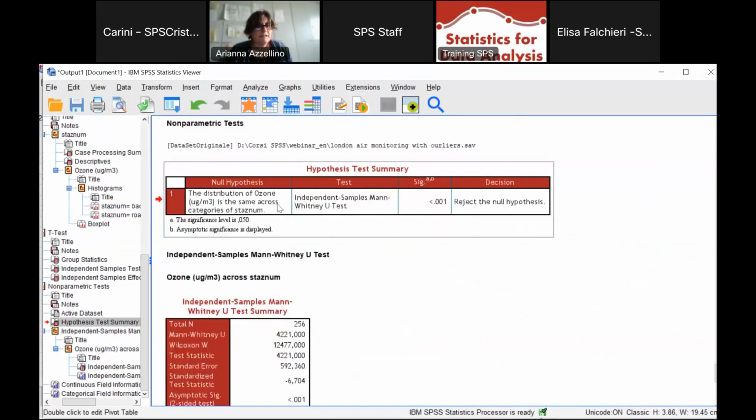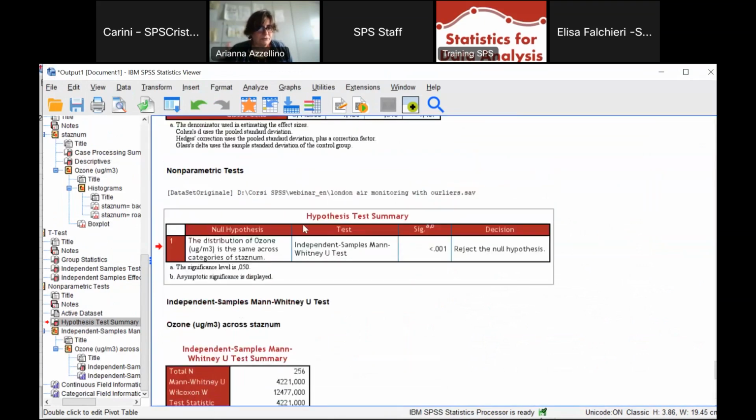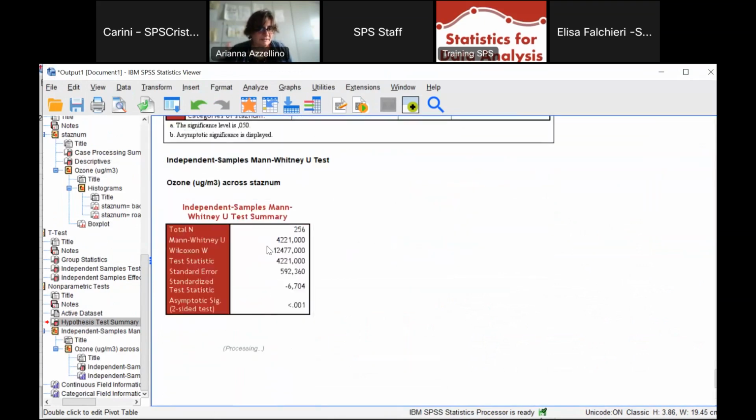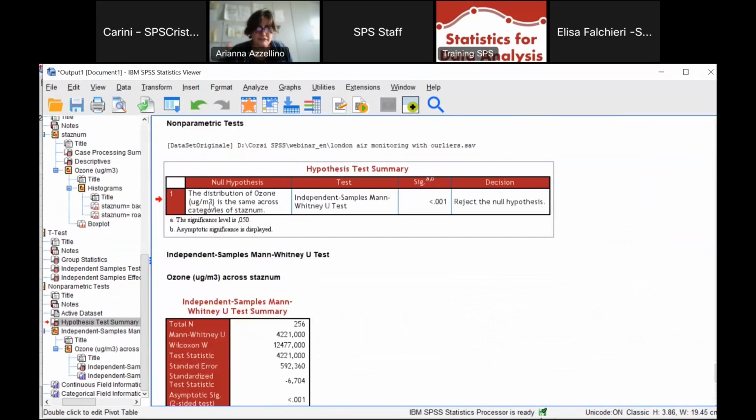There it is. Okay, so the non-parametric procedure has many tables and charts to consider, but the very first table already contains all the information we are interested in. It states which is the null hypothesis, which is that the ozone distribution is the same. Here it is talking about distribution as a whole, because some of the tests do not test only the central tendency, but the whole distribution.